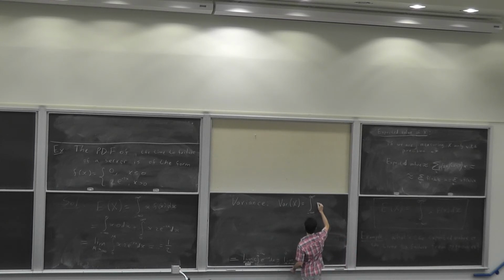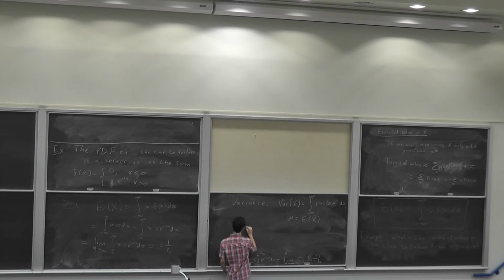So probability f of x times x minus average squared, and then the sum, which in this case becomes an integral, where mu is the expected value. And the standard deviation is as before the square root of the variance.